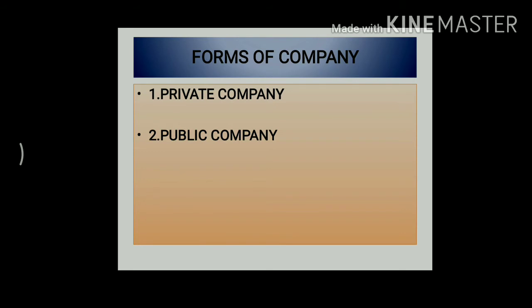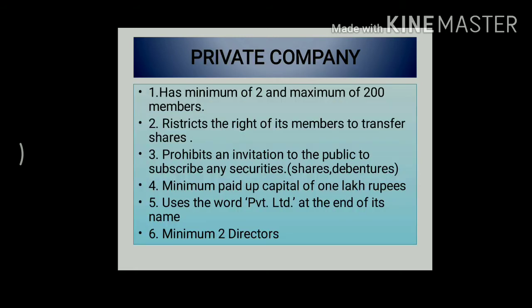We have the forms of company, that is private company and public company, just recently I mentioned. So when I'm going with the private company, there is a requirement of minimum 2 members, maximum 200 members. There is a restriction on the right of transfer of shares for the members. That means the members cannot transfer their shares, sell off, or even transfer the name to anyone else.